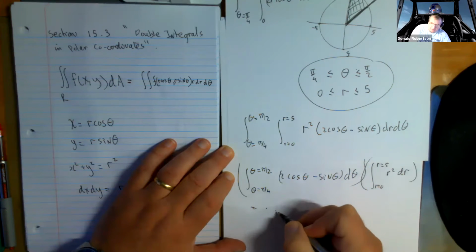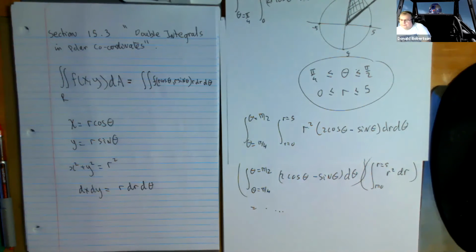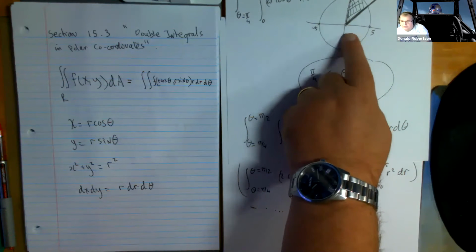And that's where dot dot dot's going to happen. Any questions about this process, at least as far as we've gone? You really do need to draw that picture.